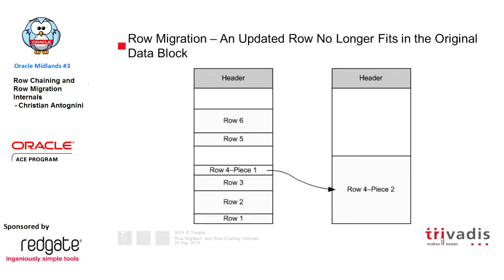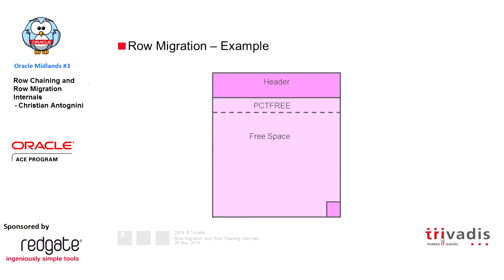Otherwise, they always try to keep the row ID fixed, because if they change the row ID, of course, they should change all the indexes and references to it. If you have an application that uses the row ID, it would also be a problem. So they try not to change it. So they keep this piece even though it doesn't contain any real data. So everything is stored here. So this is a migrated row.